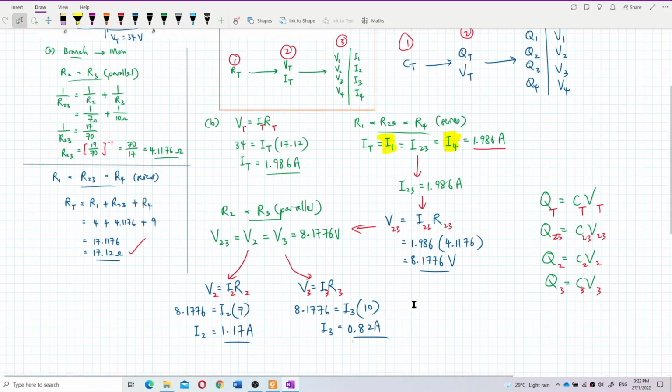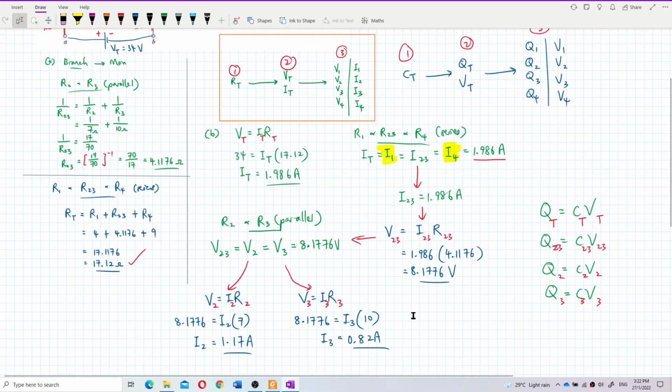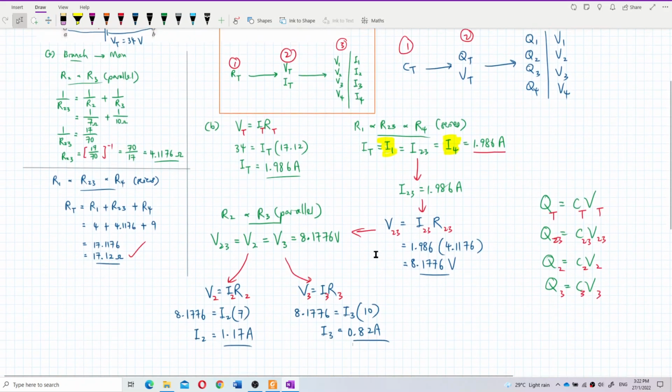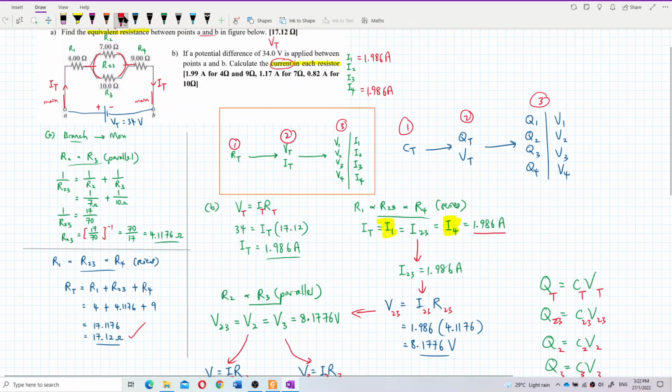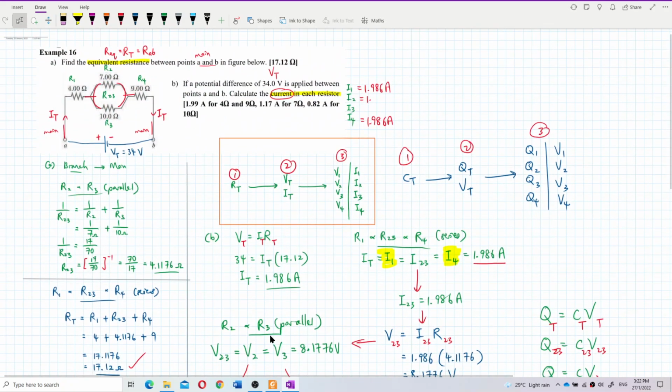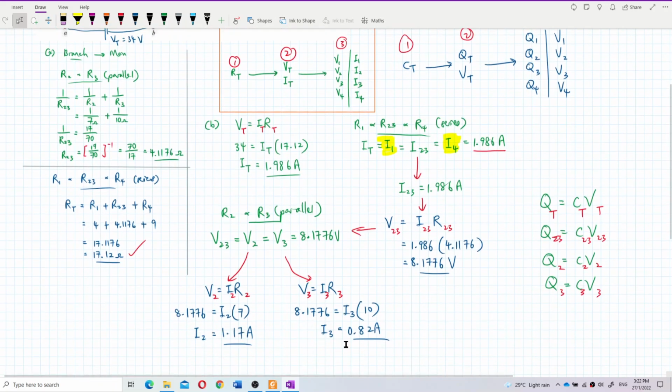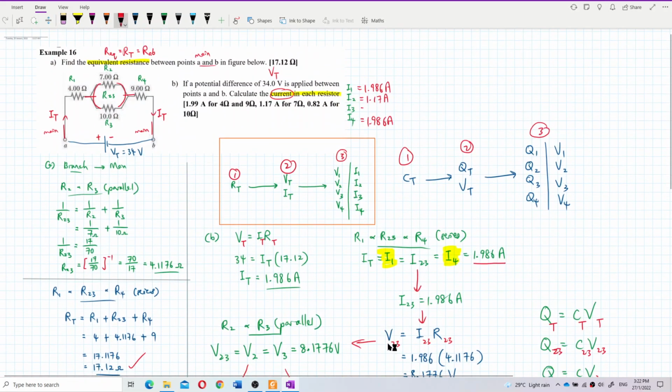So is my answer correct? Okay, I write it first. I2 is 1.17. Okay, write it over here. And I3 is 0.82 ampere.